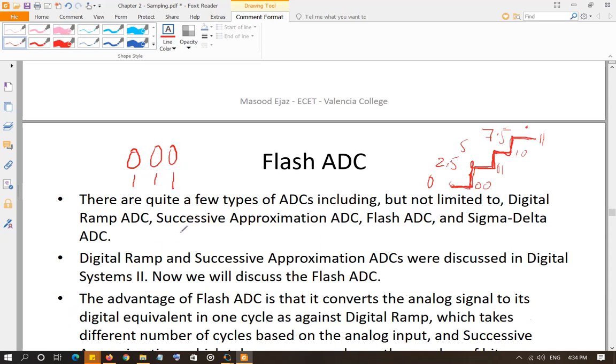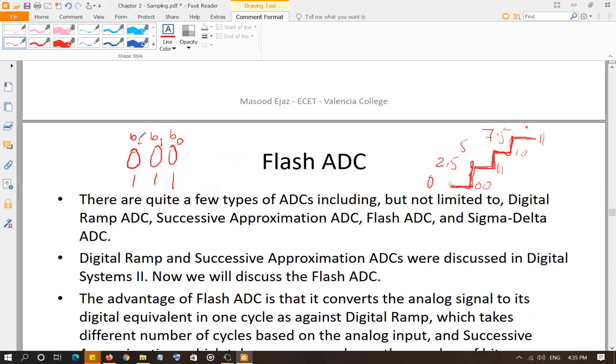So how does successive approximation work? Basically, you give an input voltage, the voltage that you want to convert into the digital code. That voltage is converted into quantized voltage, and then basically the first bit, this is bit number 2, the most significant bit, this is bit number 1, and this is the least significant bit, bit number 0.